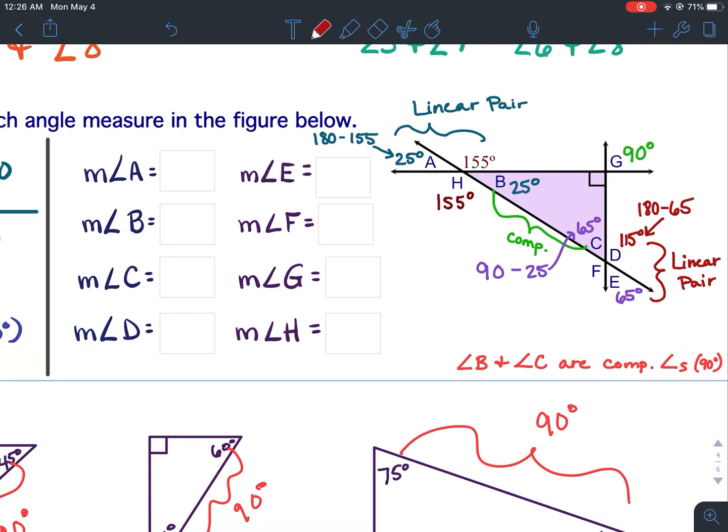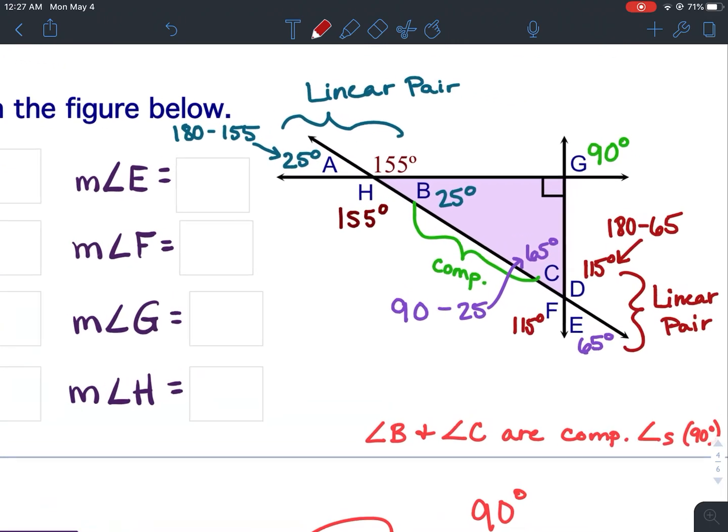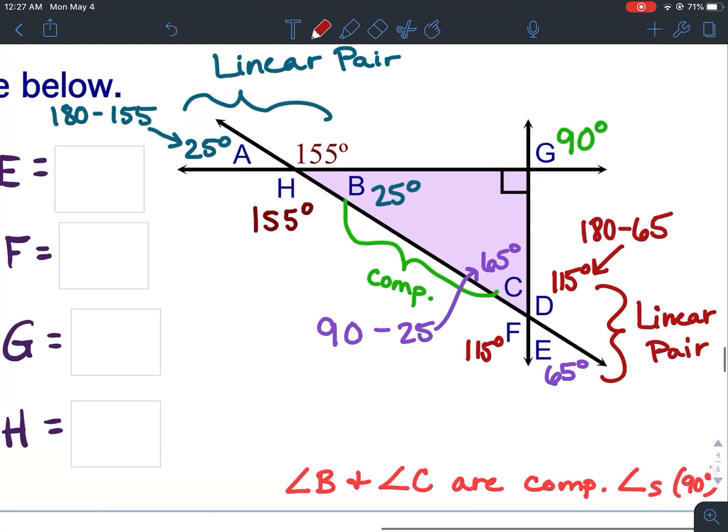So angle D is 115 degrees. And since D and F are across from one another, they are vertical angles. If angle D is 115 degrees and vertical angles are congruent, that means angle F is 115 degrees. All right, we found our measurements.